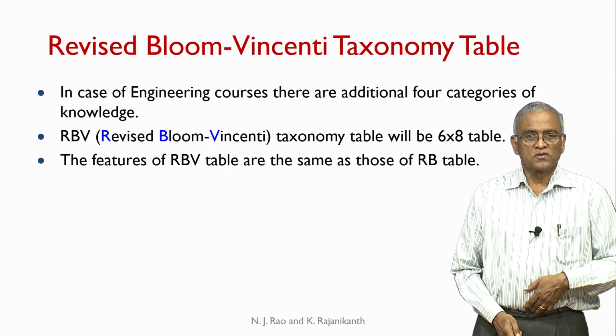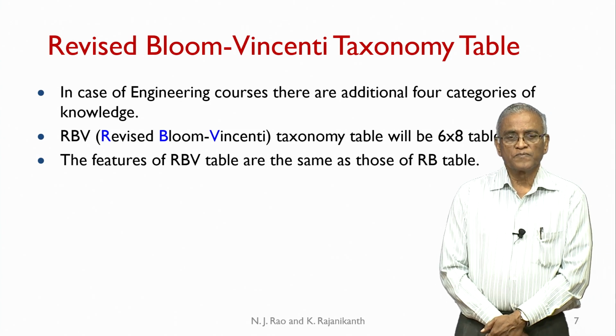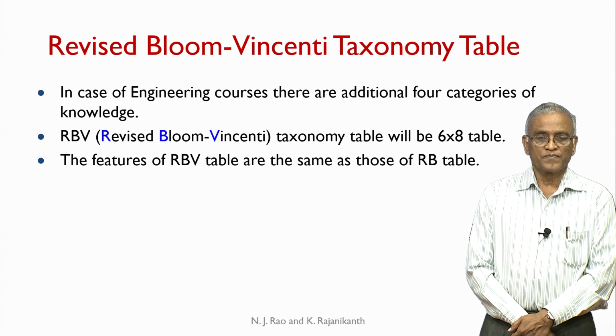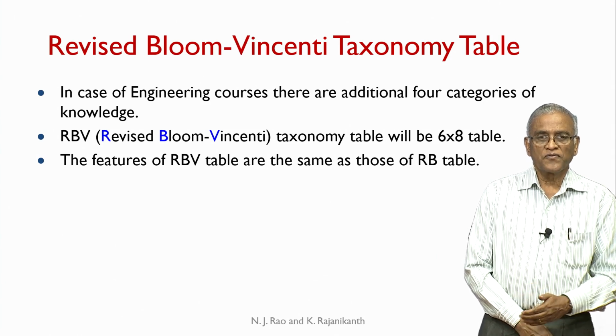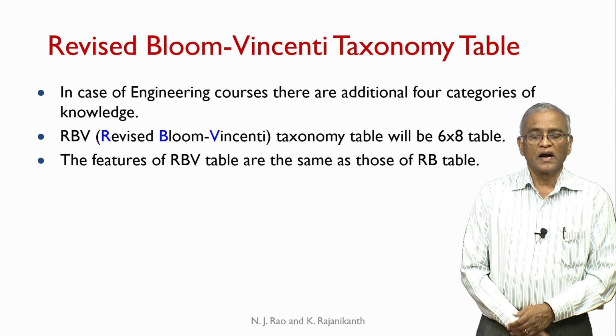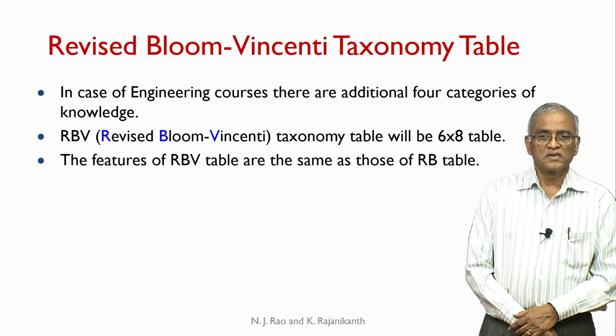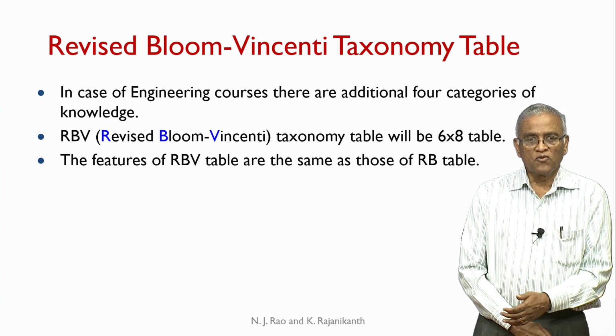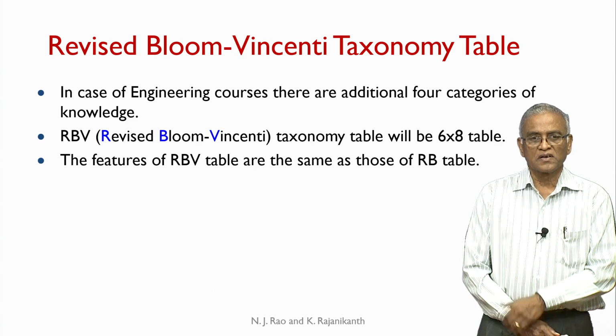Now, we move on to engineering courses. Revised Bloom-Vincenti taxonomy table is different from revised Bloom taxonomy table, because we are adding another 4 categories of knowledge that were mentioned by Vincenti. So, now we may call it the RBV taxonomy table.